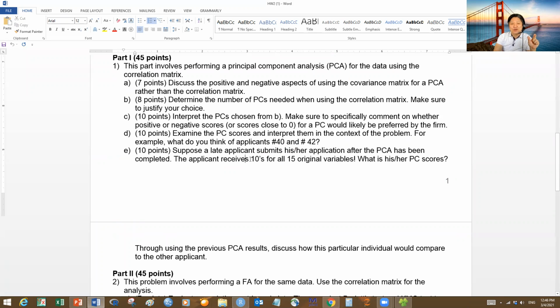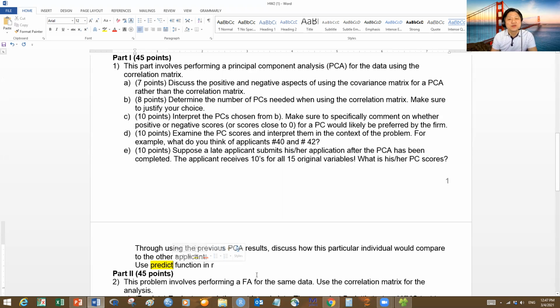Based on the principal component coefficients, you can make an equation and plug numbers into the equation. Okay, does that make sense? Or you can use the predict function in R. If you use the predict function, you can find the predicted value.